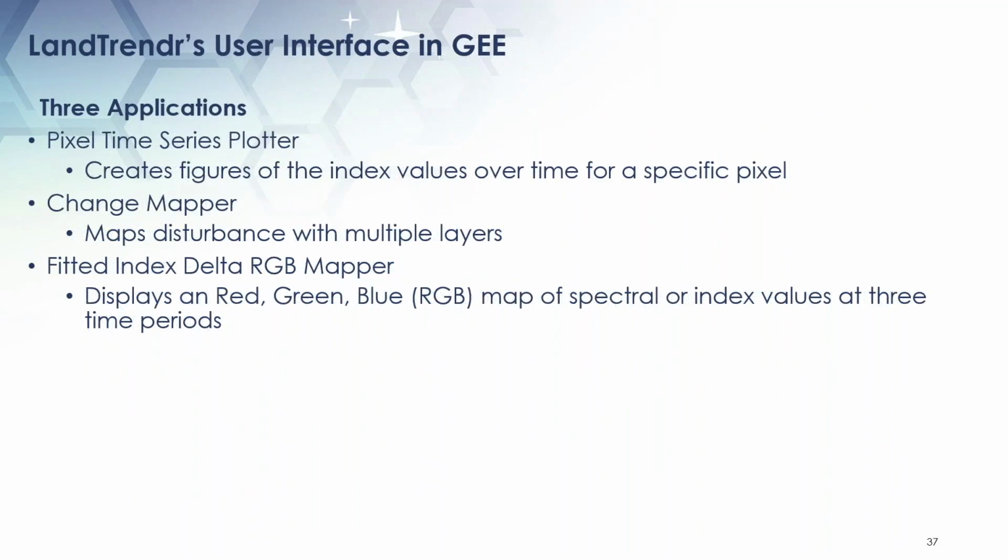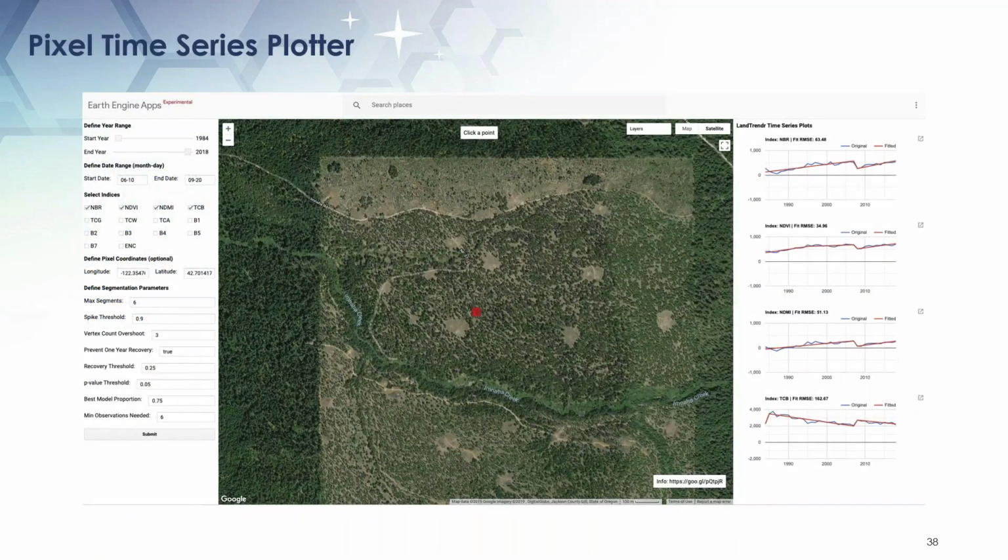Within the LandTrendr program in Google Earth Engine, you have three different options: a pixel time series plotter, a change mapper, and the fitted index delta RGB mapper. So the pixel time series plotter, the interface looks like something like this. Some of the parameters are defined on the left, and there are plots generated on the right, such as the NBR or the NDVI.